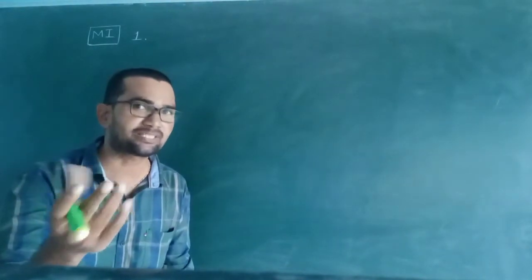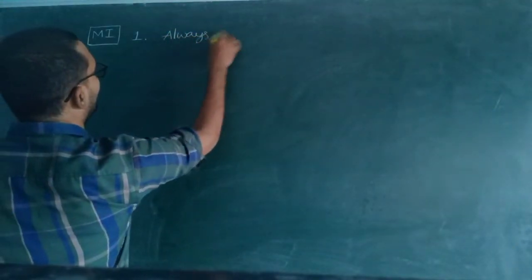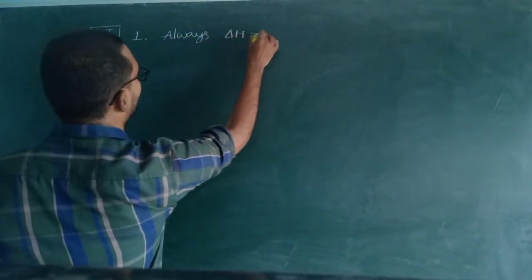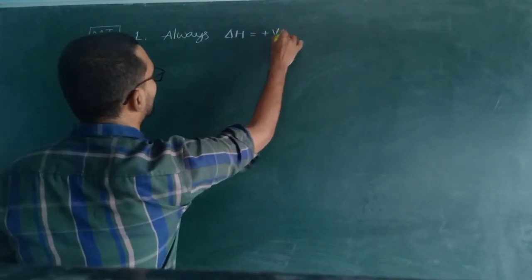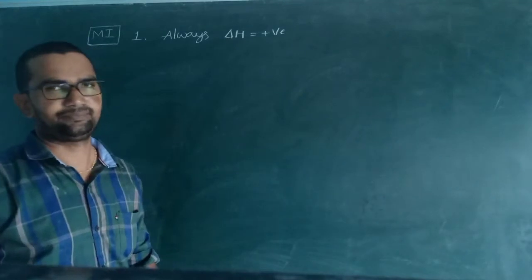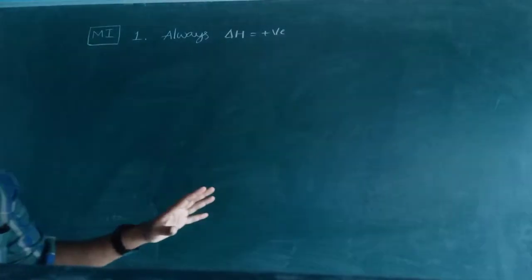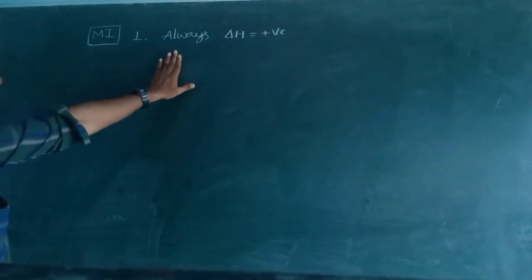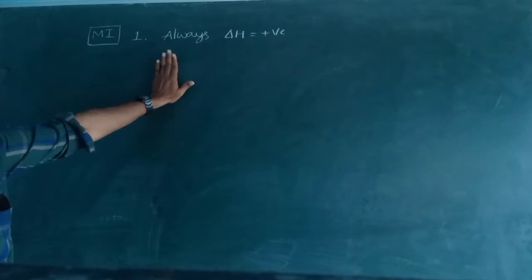What about the 1%? In a few cases. So always delta H is equal to positive, which means energy is required. Ionization energy is always positive.